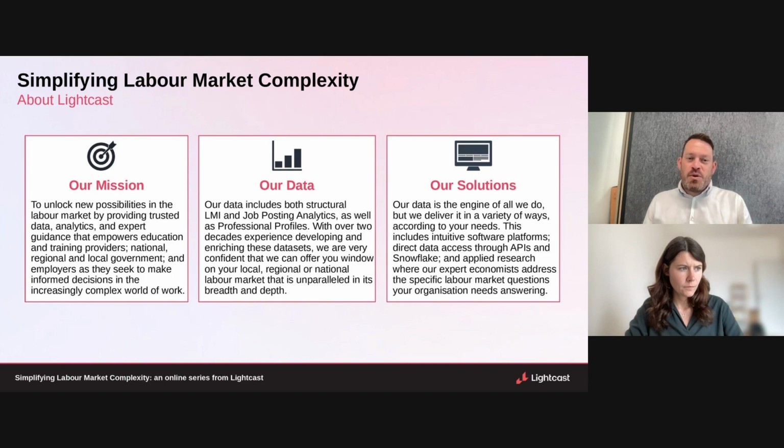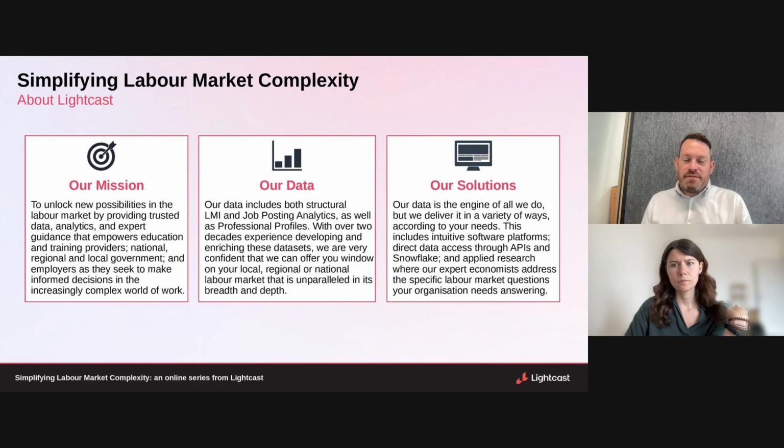We do this by pulling together unrivaled and unparalleled labor market intelligence and data that helps us understand labor demand as well as labor supply, synthesizing official government statistics that help us understand the structural building blocks of local and national economies, and supplementing that with our proprietary big data sets.